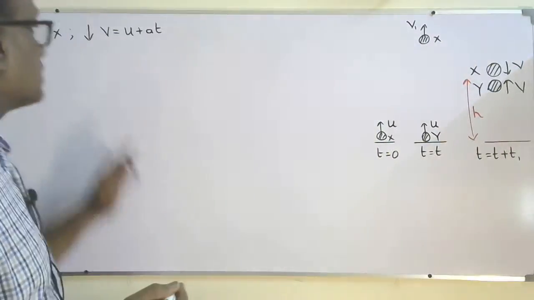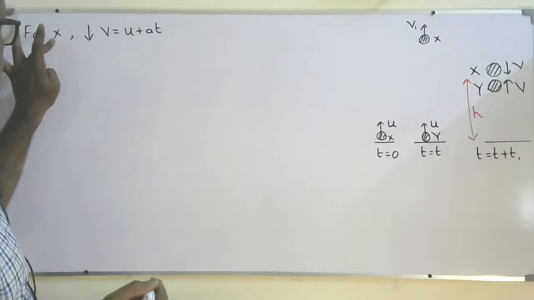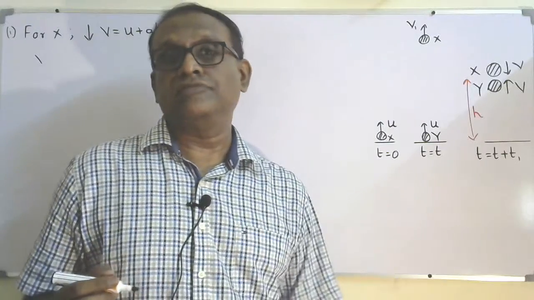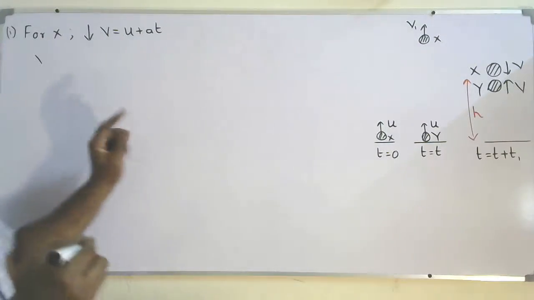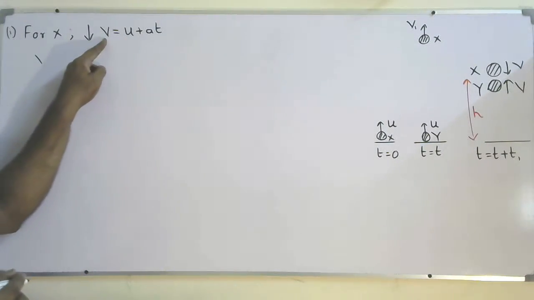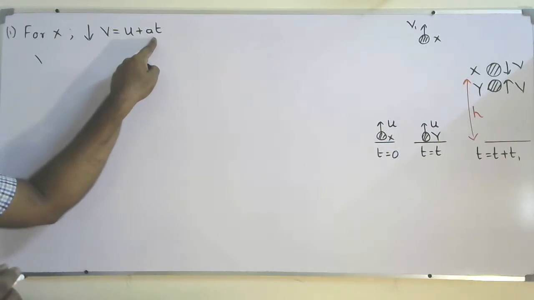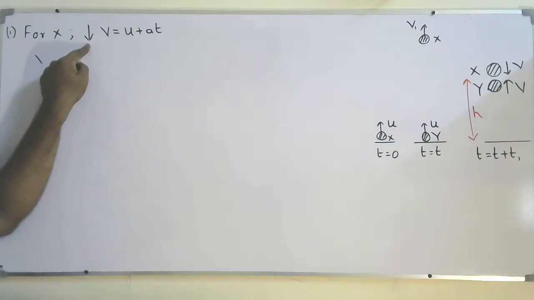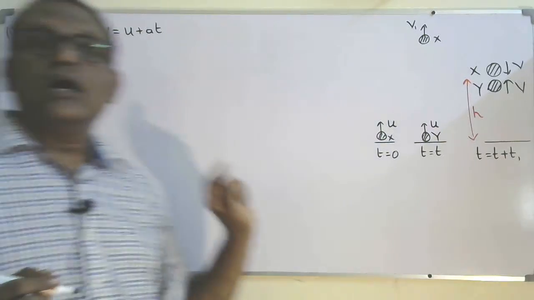So I must use this equation in the downward direction for x, because I know x is moving downwards just before collision, right? This is a vector equation, so I should use the proper sign. I'm using the downward direction, and gravitational acceleration is also downward.